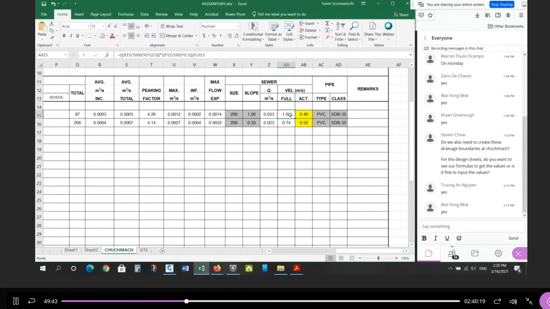Once I have the velocity, I can then find Q by taking the same value, this answer, which is the same formula here, but I multiply by pi times the diameter divided by 2, squared. That's the part of the formula that's the area of the circle.